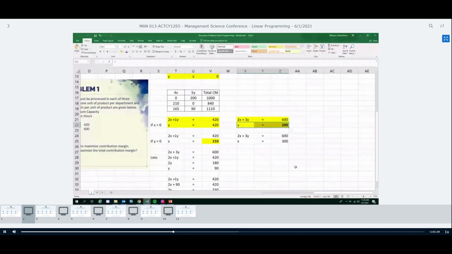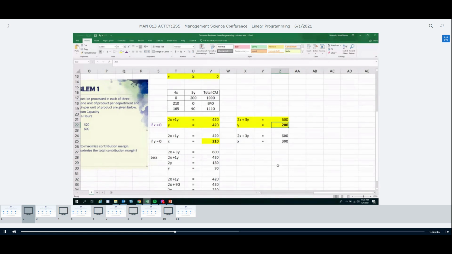Now class, tapos na tayo dun sa isang function natin, no? Yung isang objective natin. Ngayon, ano yung kailangan natin gamitin? Is it 420 or 200? Class, ang palagi natin gagamitin is yung lower value.